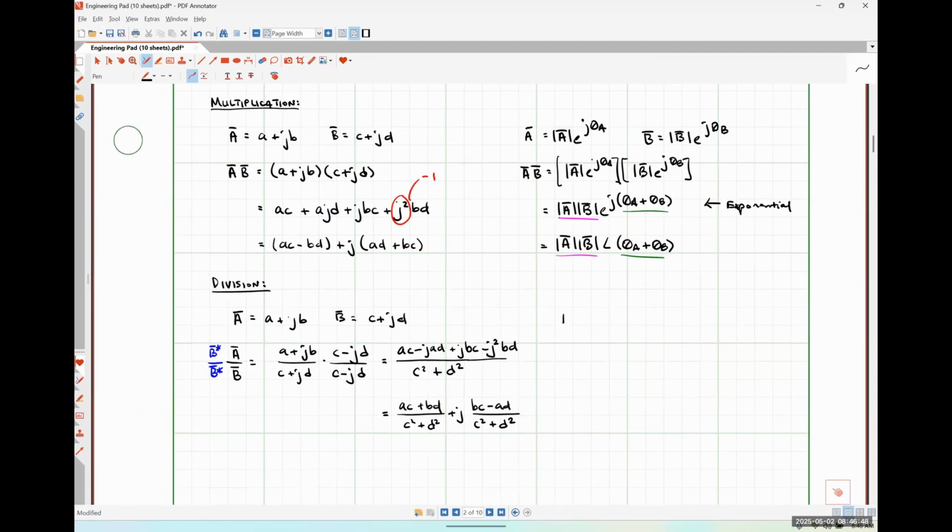So if I have A is equal to the magnitude of A, e to the j theta A, and B is equal to the magnitude of B, e to the j theta B, then A divided by B is just the magnitude of A, e to the j theta A, over the magnitude of B, e to the j theta B, which results in simply the magnitude of A over the magnitude of B, e to the positive j, theta A minus theta B in exponential.